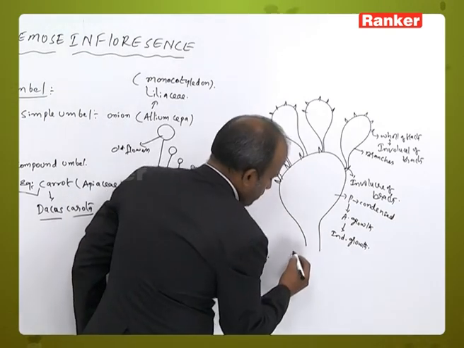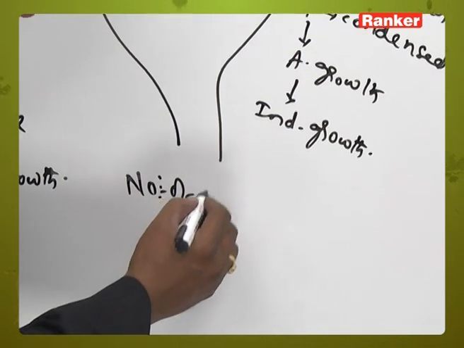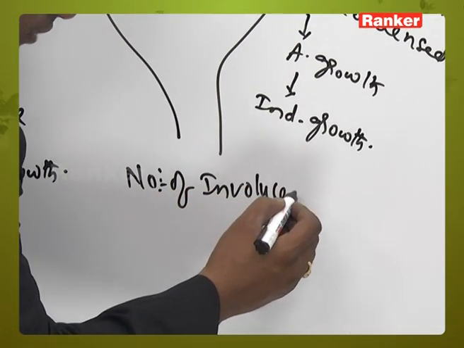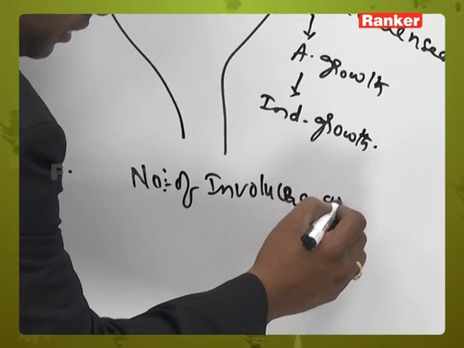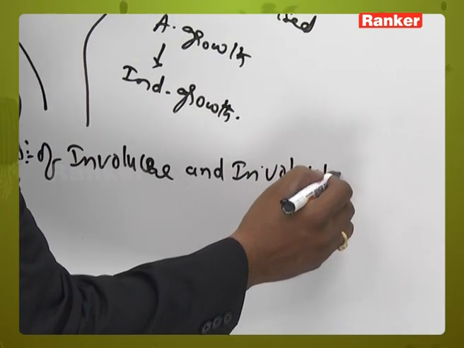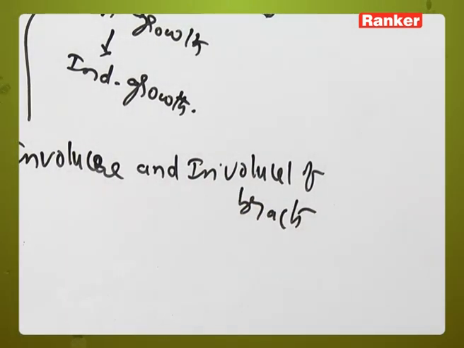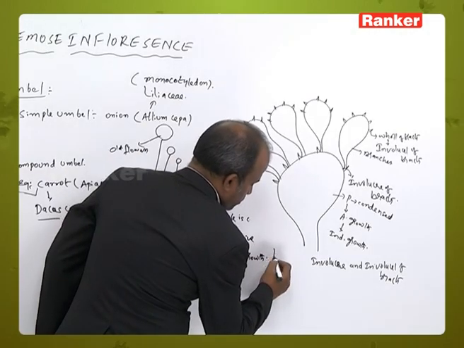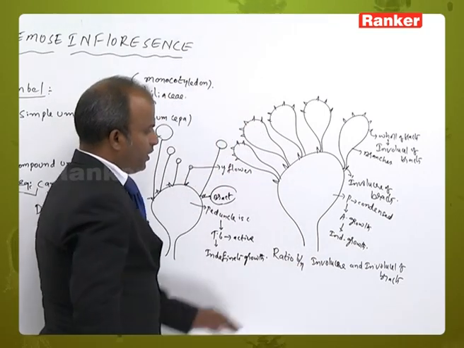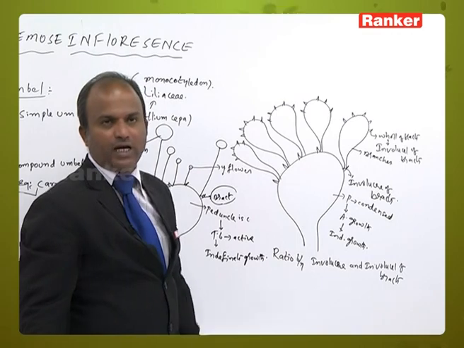Now tell me, what is the ratio between the number of involucres and involucels of bracts according to this diagram?